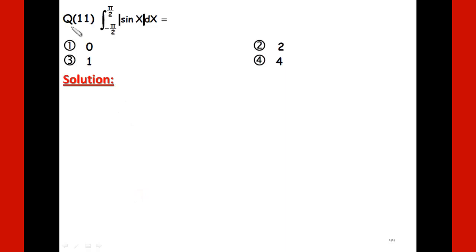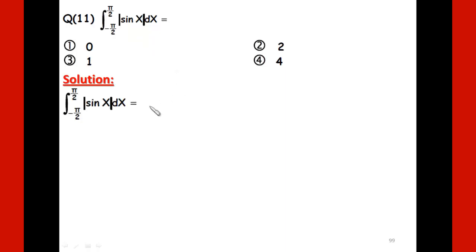Question 11. Find the integration from negative pi over 2 to pi over 2 of absolute sine x with respect to x. The result will be one of these 4 choices. Again, we have a continuous even function.